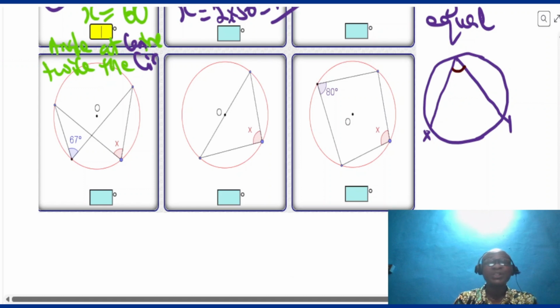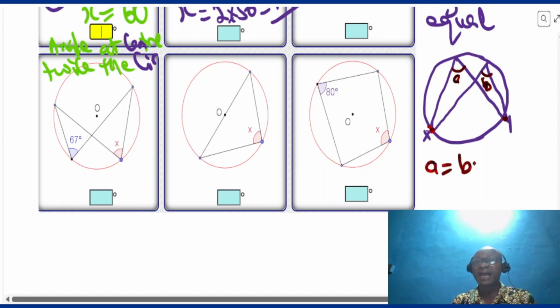Now, I use the same X and Y and form another angle, the same X and Y, not another place. I can call this place A and here B. Because the same points X and Y are used to form the angles at the circumference, A and B, their answers will be equal. If A is equal to 30, B also will be equal to 30.